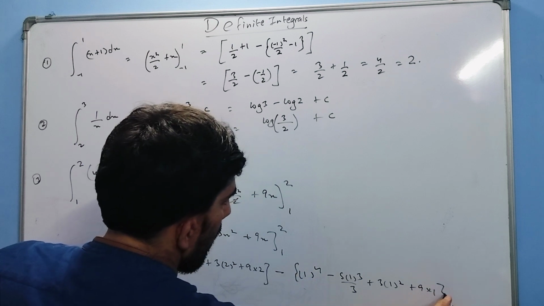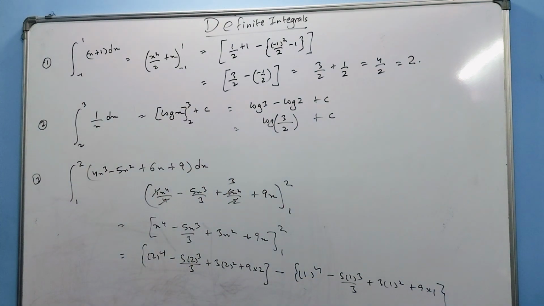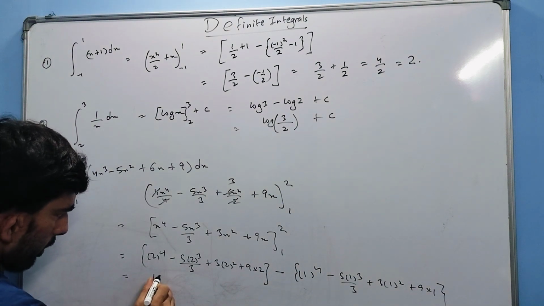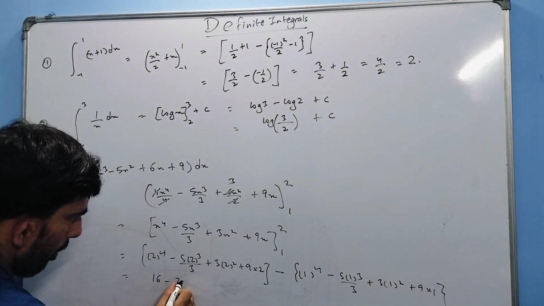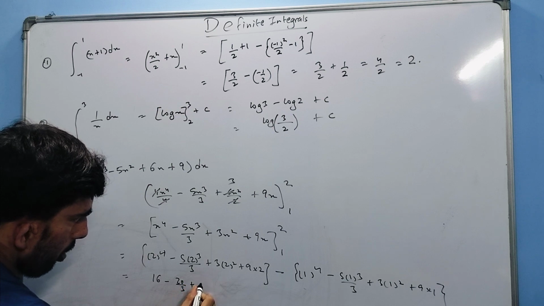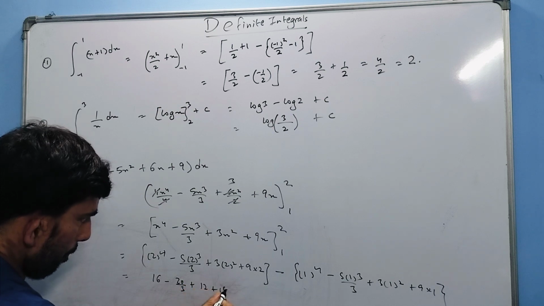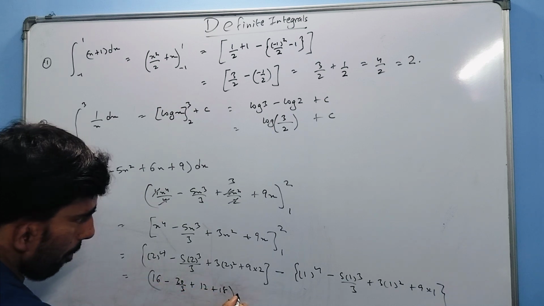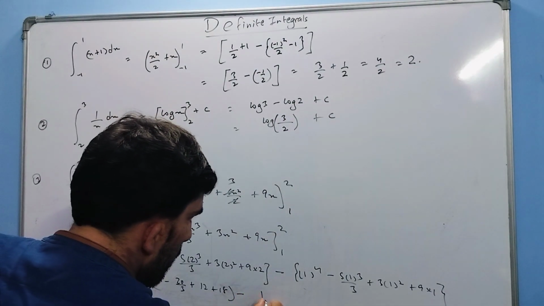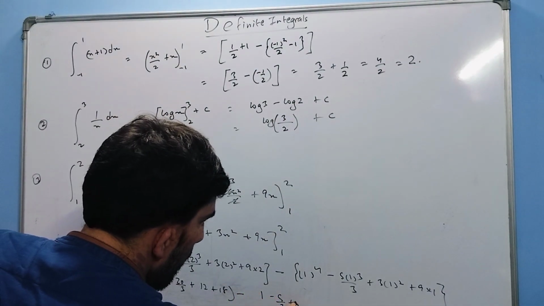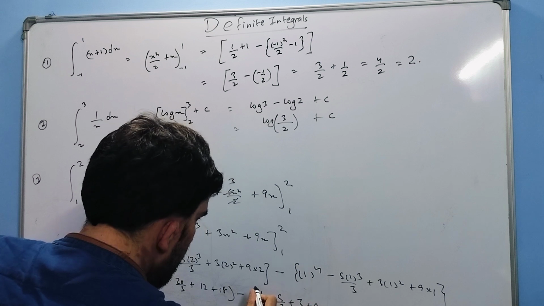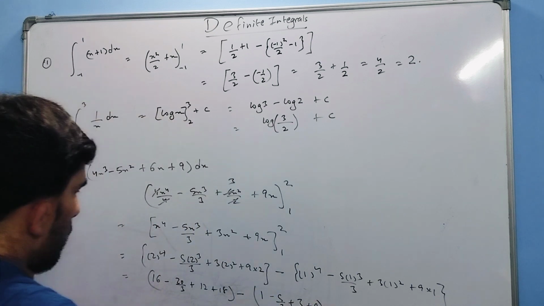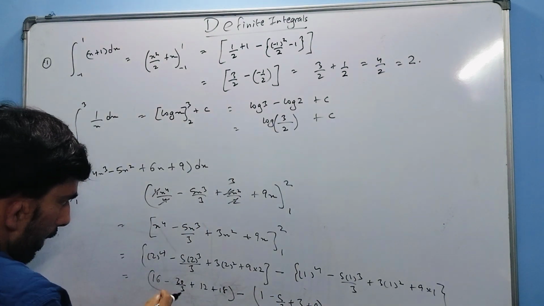We'll open the bracket later and we'll multiply with the negative sign outside of it. Now I got this value: 16 minus 20 upon 3 plus 12 plus 18. I need to sort this out. Minus, then I got 1 minus 5 upon 3 plus 3 plus 9. Okay, so now my next step will be, we need to take the LCM here.